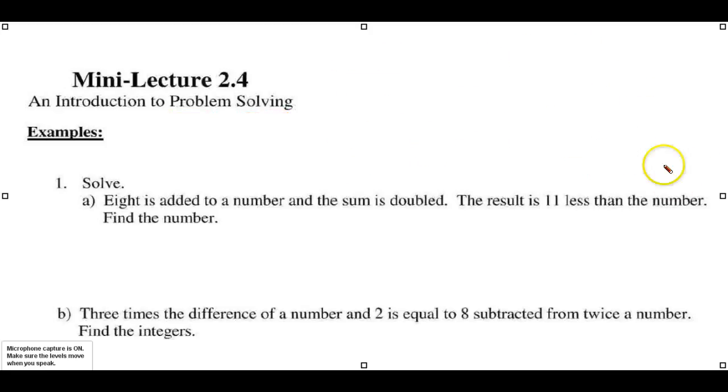We're going to give you a chance to read this and then put it into an equation and then solve it. So 8 is added to a number. All right, we're going to say the number is x. So there's x, and we're going to add 8 to it.